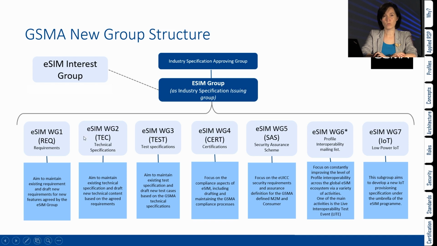Then we have eSIM Working Group 2. This is the former tech or technical group, defining the technical specification and responsible for the specification. By the way, in the requirement group it's mainly the representatives of the operators. In the technical group, it is open for all, but also mainly the manufacturers. The technical group is responsible for maintaining the existing technical specification and drafting new technical content based on the agreed requirements from working group 1.